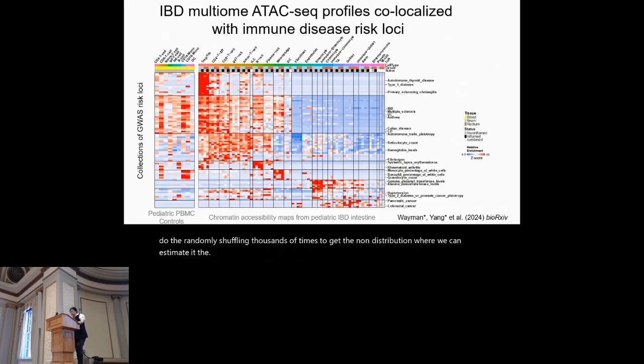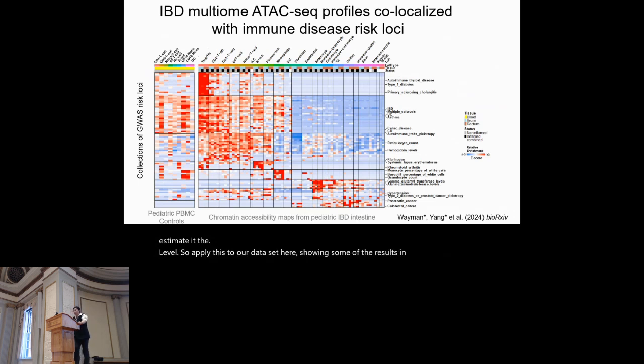So applying this to our data set, here are some of the results. In this heat map, each row is a collection of the GWAS risk loci, and each column is a cell type context-specific chromatin accessibility map. We're showing the relative enrichment across those different cell types with regard to a pediatric PBMC control.